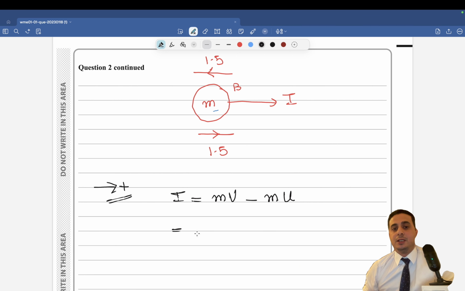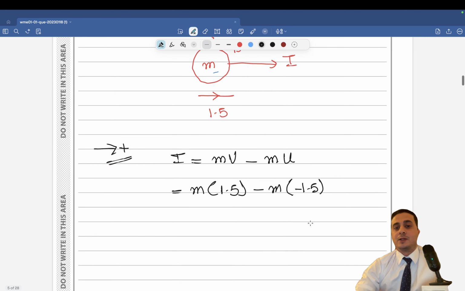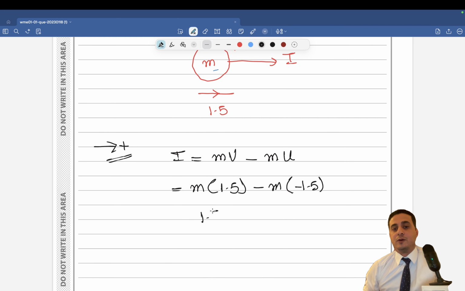So the impulse will be mv, which is 1.5 positive, minus mu, opposite direction, so it will be minus 1.5. So we have 1.5m, minus minus is positive, 1.5m. So our impulse will be 3m, and the unit is newton second.